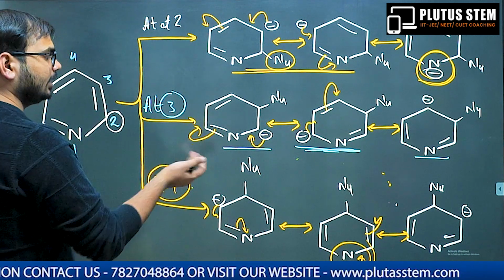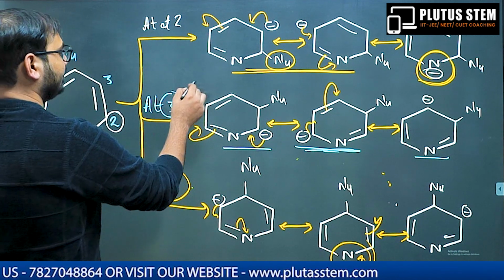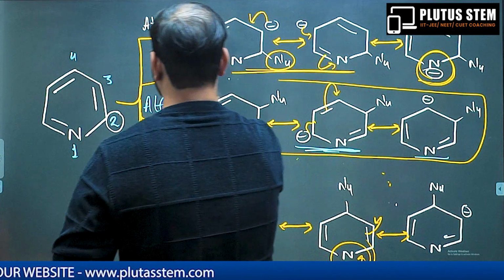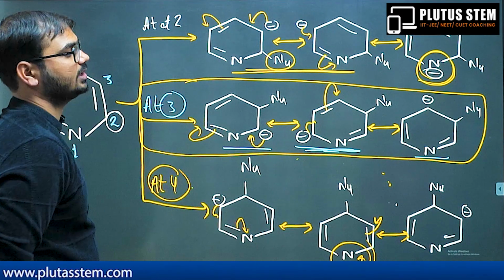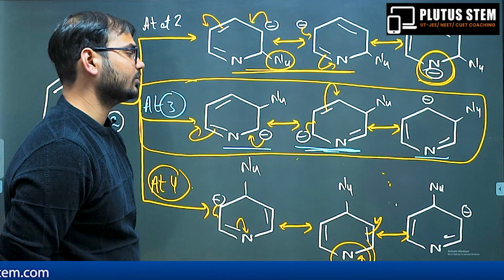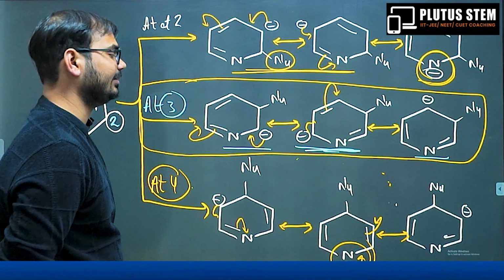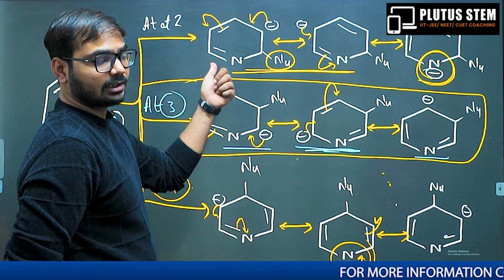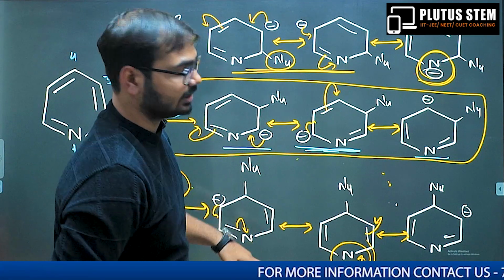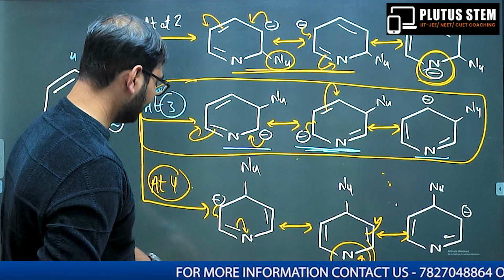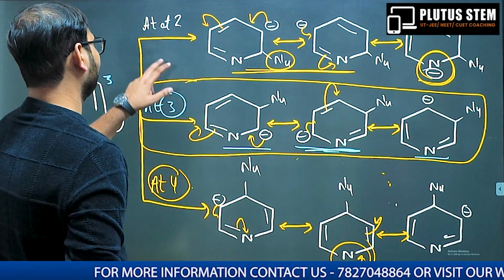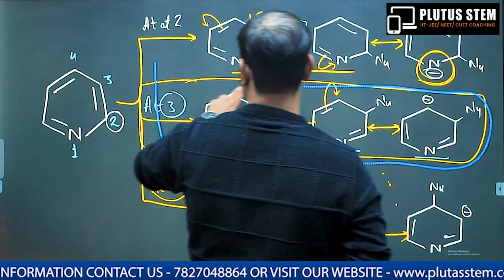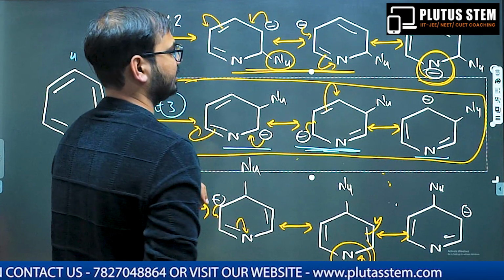So clearly, attack at position number 3 is very unfavorable, because by the rule of resonance, the negative charge is stabilized on the highly electronegative element only in the case of position number 2 and position number 4. So in nucleophilic substitution, there will never be any attack on position number 3.